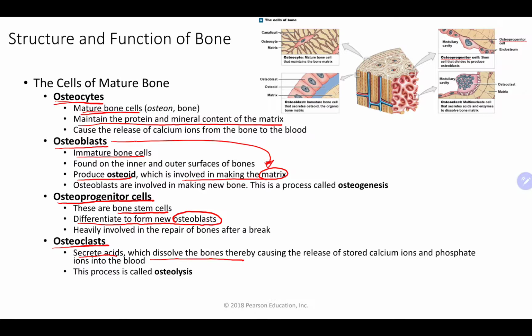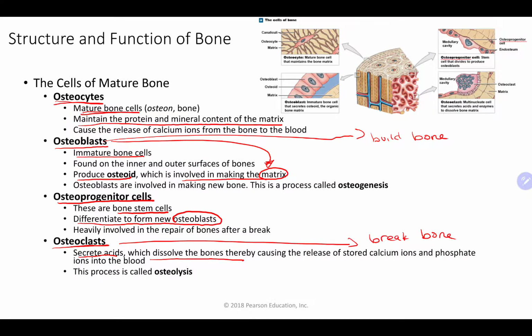I should have mentioned osteoblasts. Osteoblasts build bone. Osteoclasts break bone. So you want to remember that. Osteocytes maintain and monitor bone.